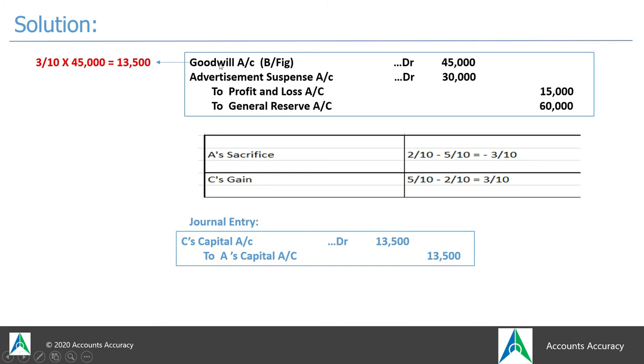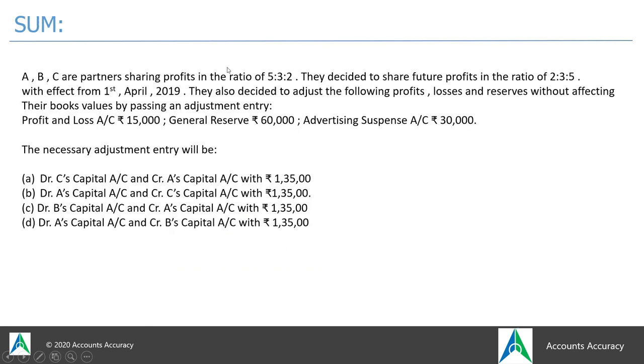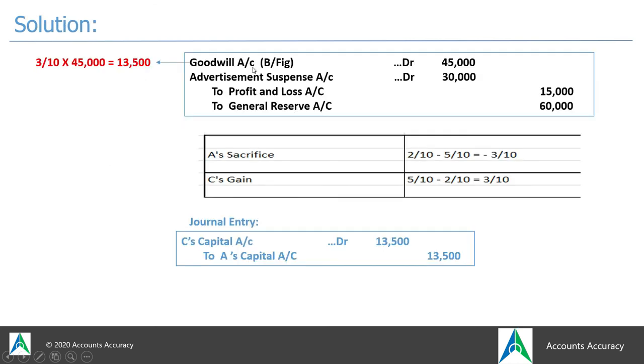Now as goodwill is an asset, it must be divided among the partners, but as there is no change in the ratio of B, it will only be divided among A and C, because A and C's profit sharing ratio has only changed. So we will find out the sacrificing and gaining ratio. As A is sacrificing and C is gaining, we will provide this 3 by 10th portion of the goodwill value, that is 45,000, to C, and A is going to sacrifice the same.